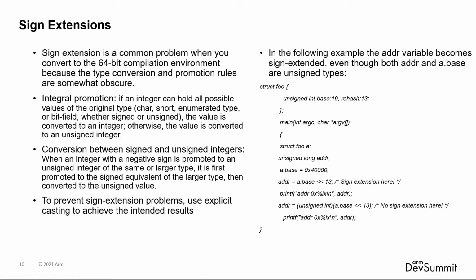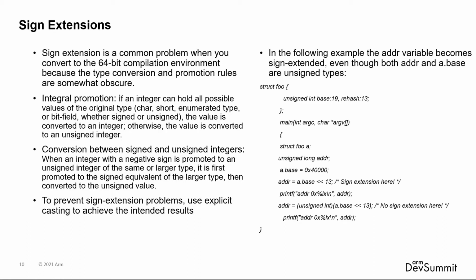So the sign extension occurs because the conversion rules are applied as follows. The structure member a.base is converted from an unsigned int bit field to an int because of the integral promotion rule. In other words, because the unsigned 19-bit field fits within a 32-bit integer, the bit field is promoted to an integer rather than an unsigned integer. Thus, the expression a.base shift left 13 is of type int.